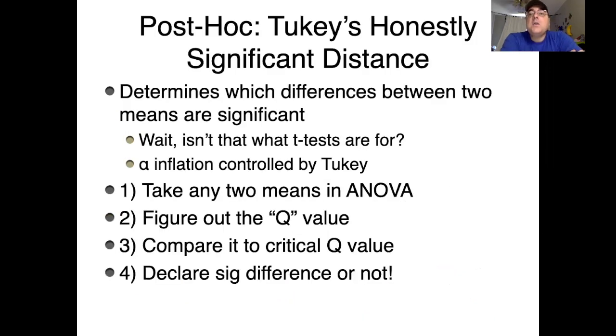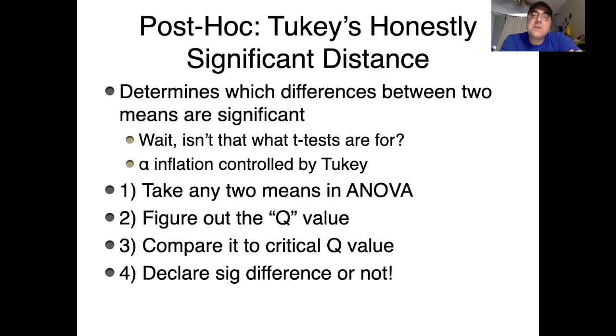All right. So what we need is something that will determine what the difference is between two means. Now, you might say, we already have a procedure for figuring out whether the mean between two groups is statistically significant. Can't we just run a bunch of independent samples t-tests? And the answer is no. And here's why. That would lead to what is known as alpha inflation.